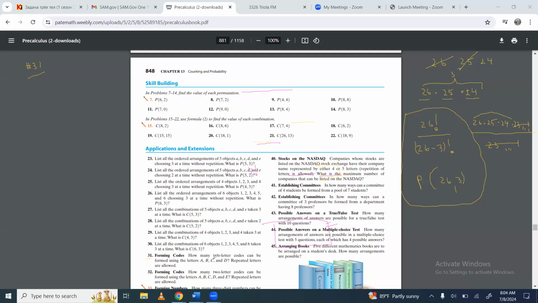So 2-letter codes, they want to produce codes from letters A, B, C, and D. So from 4 letters, they want to choose 2. Codes that I can choose could be AB, for example, AC, or BA.